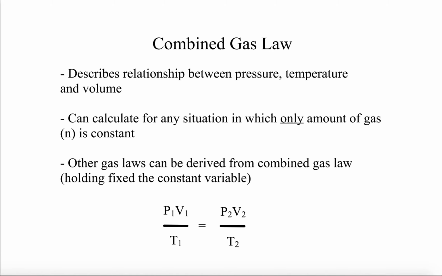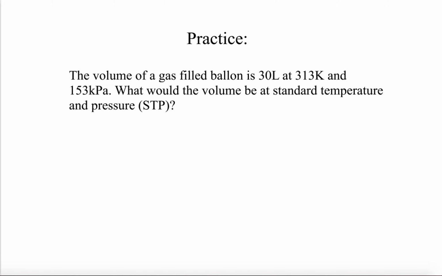A question involving the combined gas law would once again be a balloon where the volume is 30 liters at a temperature of 313 Kelvin and a pressure of 153 kilopascals. We want to know the volume at STP, standard temperature and pressure.